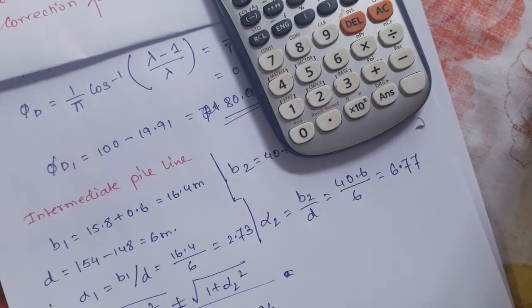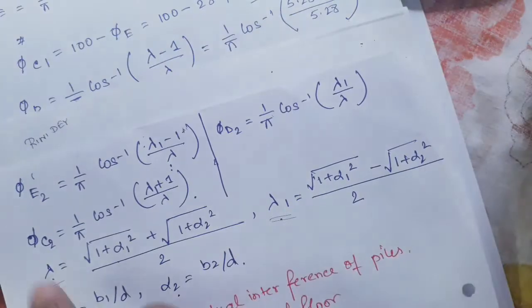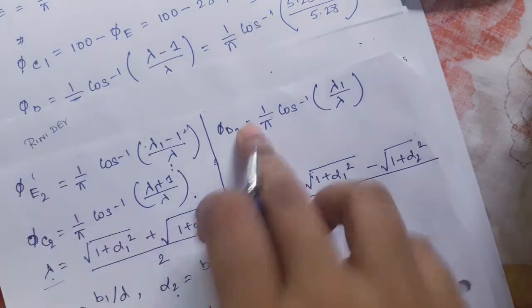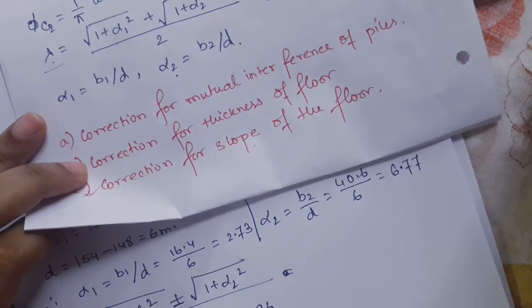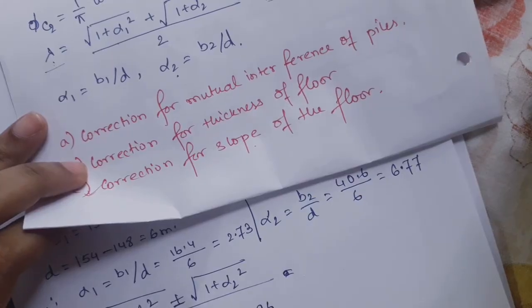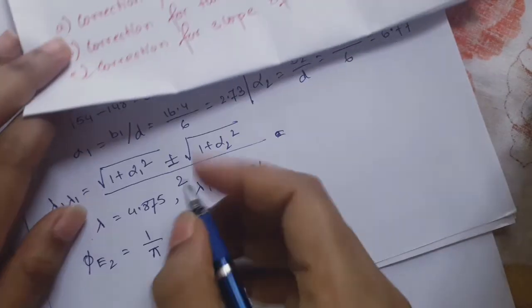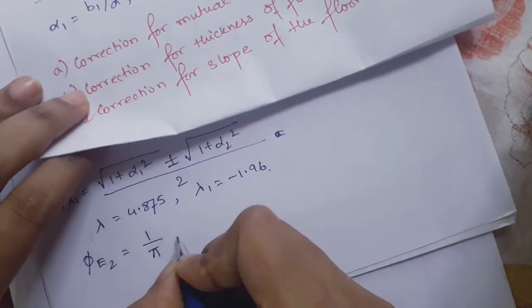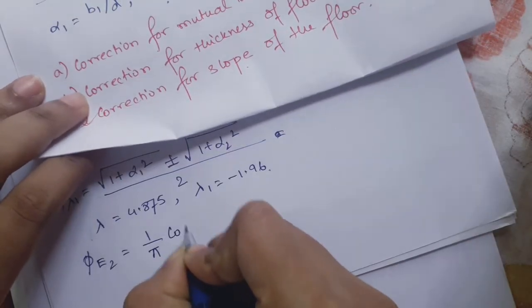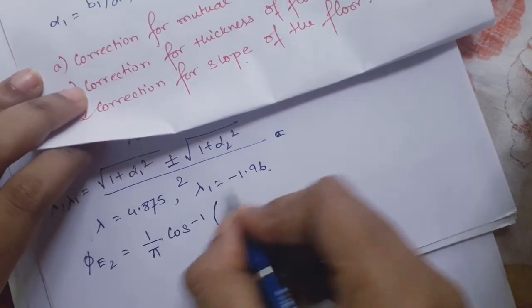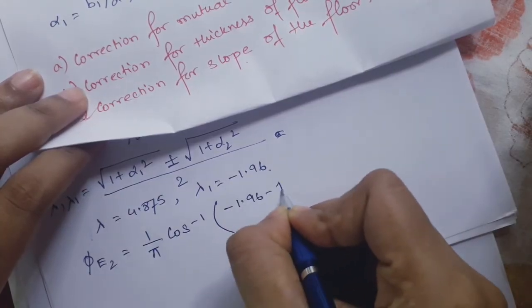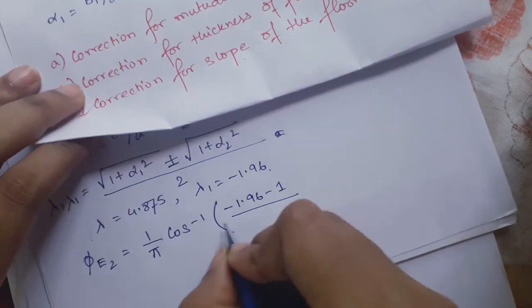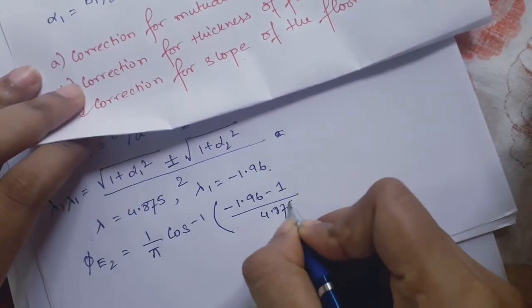Okay, so now we will put these corresponding values in these three equations. So now phi E2 will be 1 by pi cos inverse of lambda 1, which is given as 1.96 minus 1, divided by 4.875.